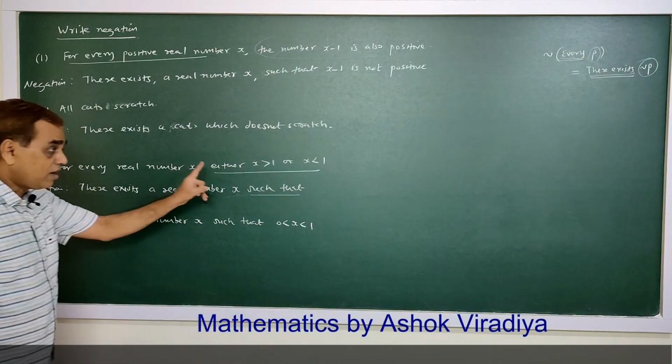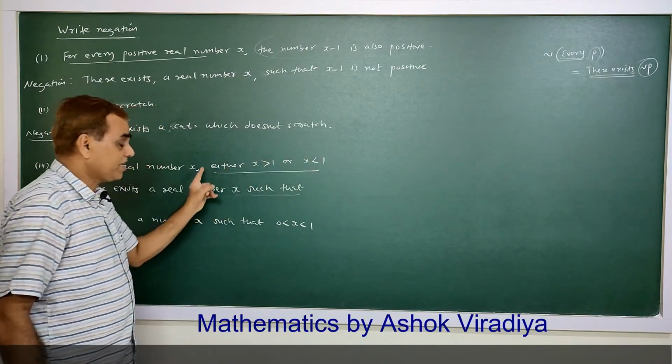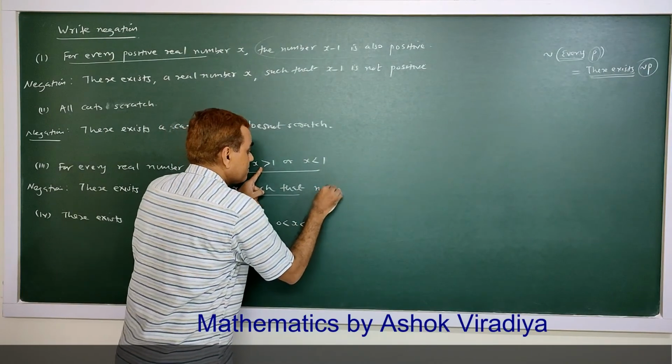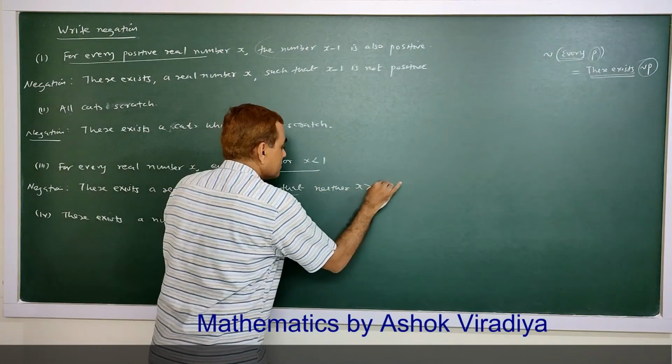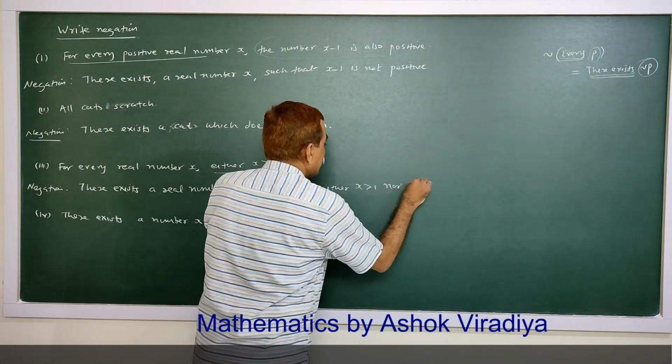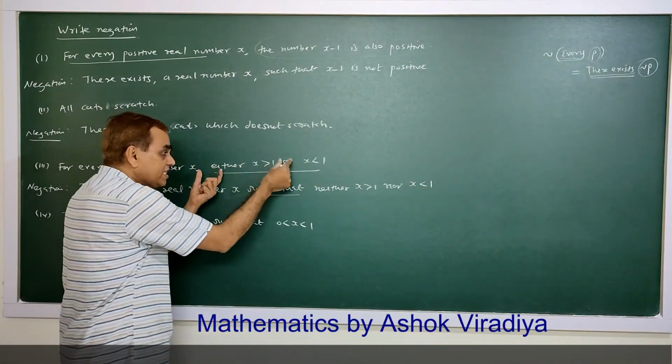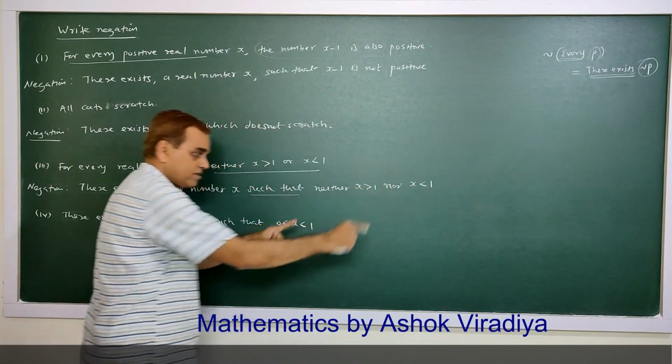Now the negation of this property is neither x more than 1 nor x less than 1. So the negation of either-or is neither-nor.